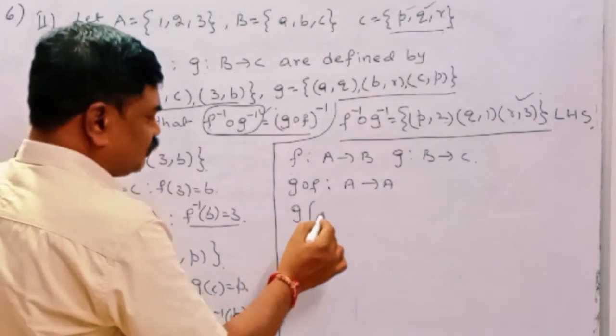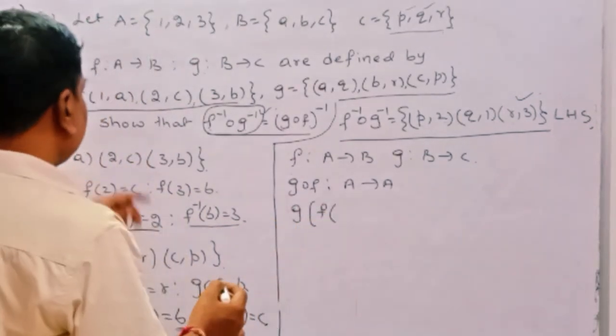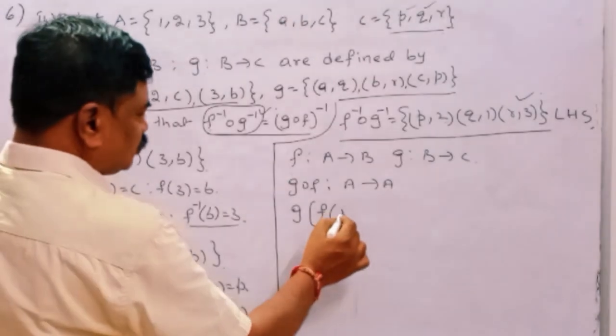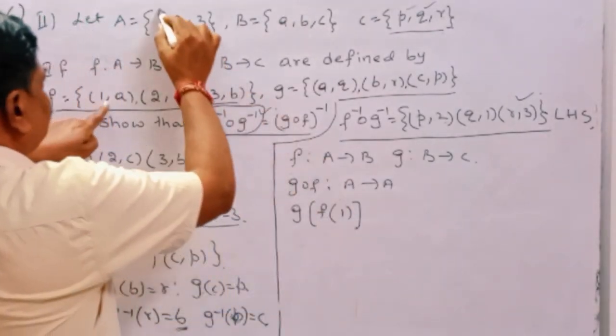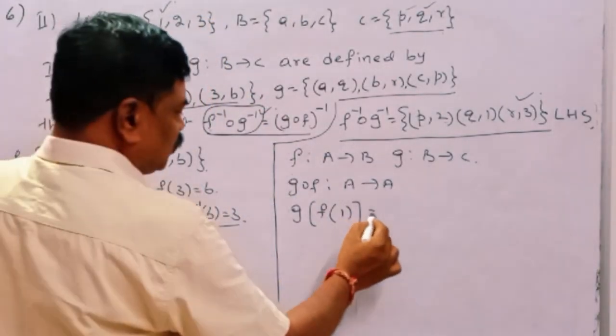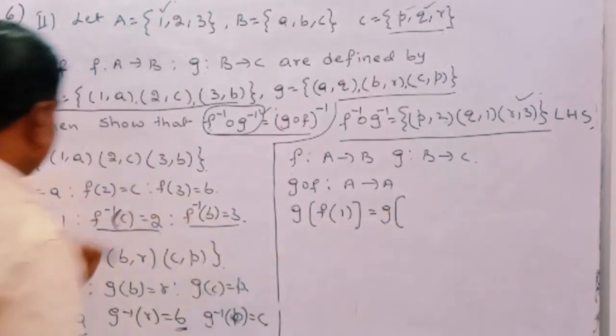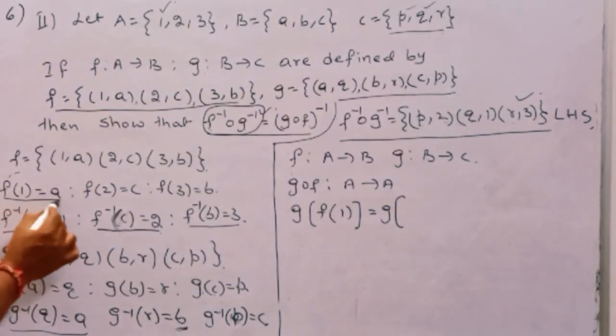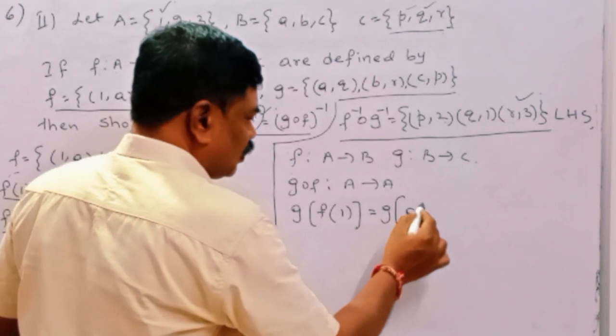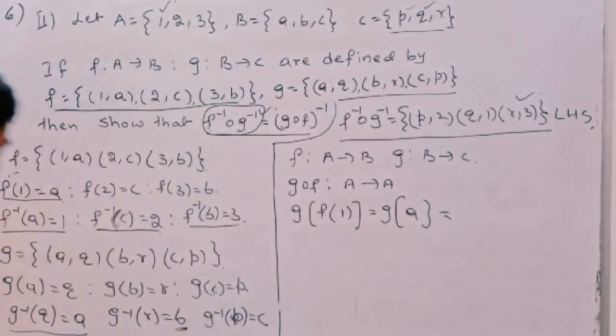So G of F of 1 is what? F of 1 is A. What is G of A?